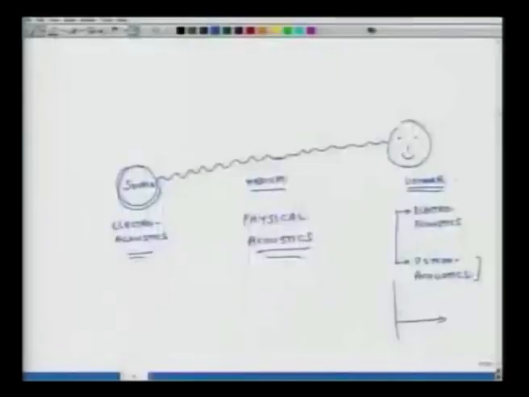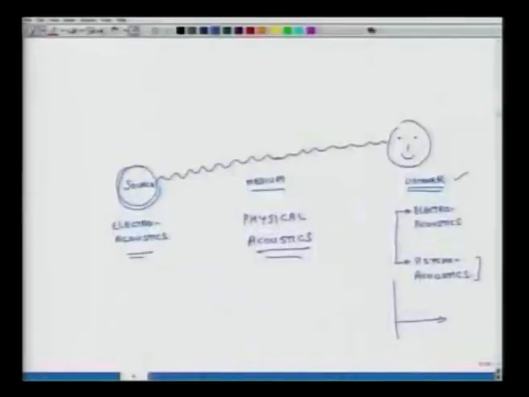So, sound gets generated, and there we seek the help of electroacoustics to understand that phenomena. It gets propagated from point A to point B, and there we seek the help of physical acoustics to understand that propagation phenomena. And then finally, there is a listener who is listening to sound, and there the understanding is derived through principles of, once again, electroacoustics and or psychoacoustics.